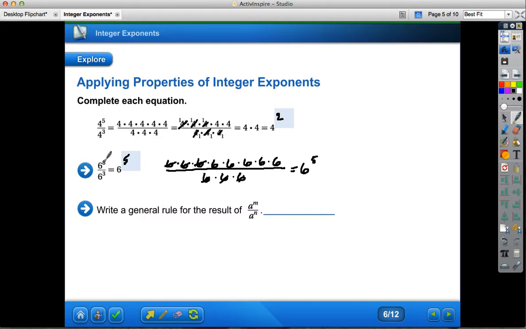So you should have found that the connection between the exponents was that if you subtracted the exponents, you got your new exponent. So for a to the m over a to the n, it's going to give you a to the m minus n.